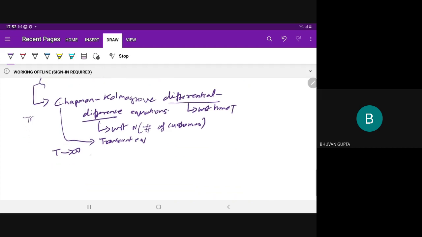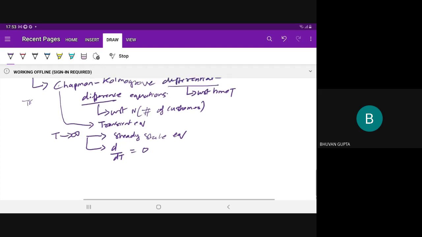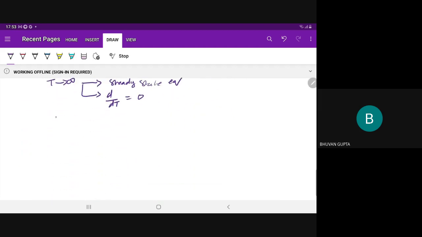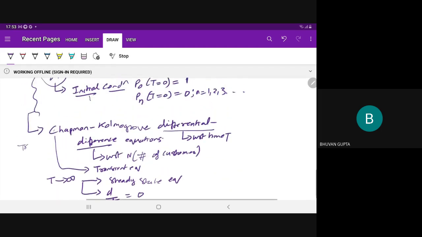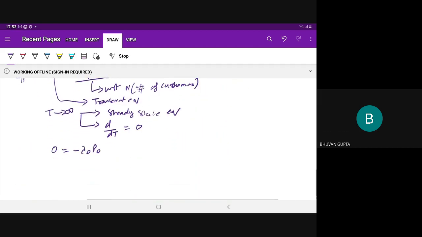When t tends to infinity, this changes into the steady state equation. And when t tends to infinity, dy dt is equal to 0. So in that case, the first equation with dy dt being 0 is equal to minus lambda naught p naught, which now becomes independent of t. When we say steady state, it means independent of t.